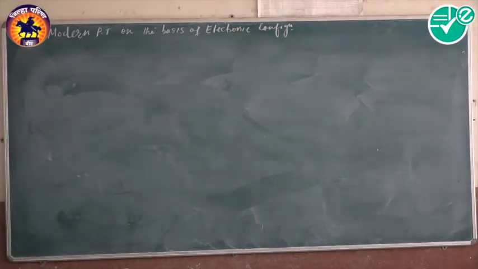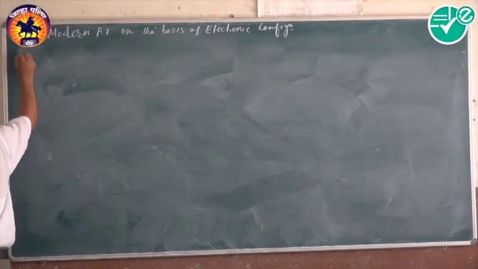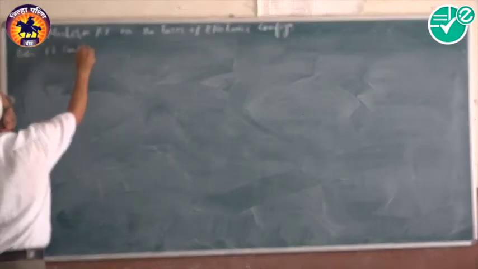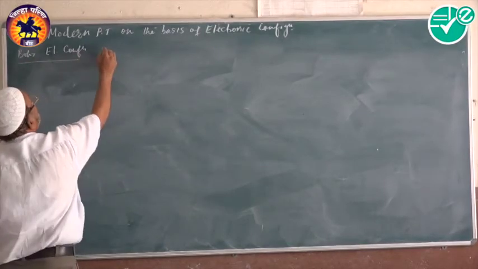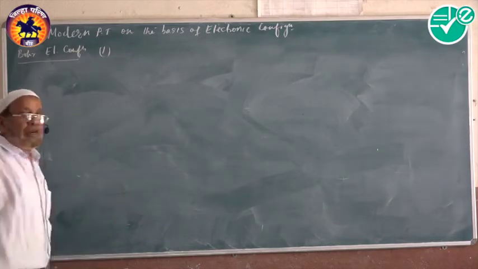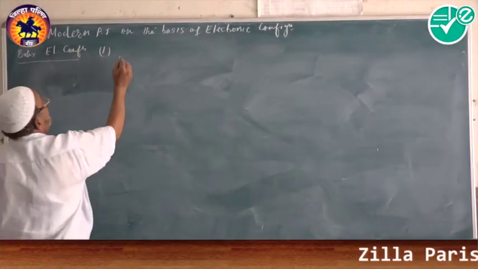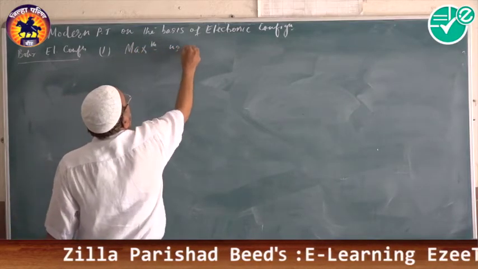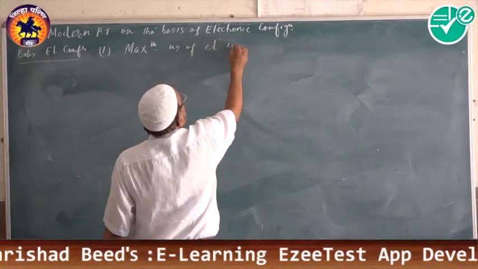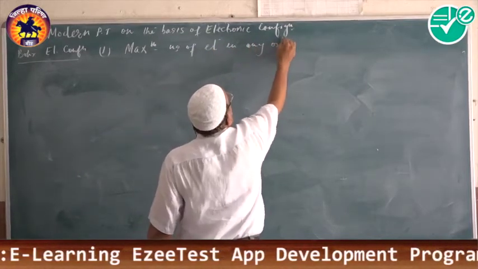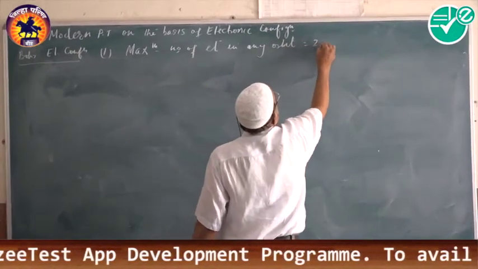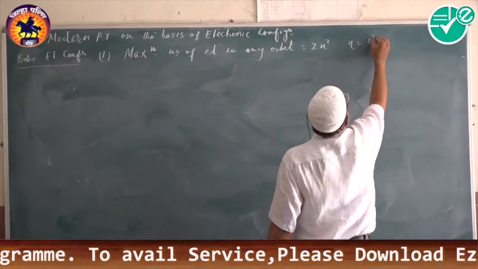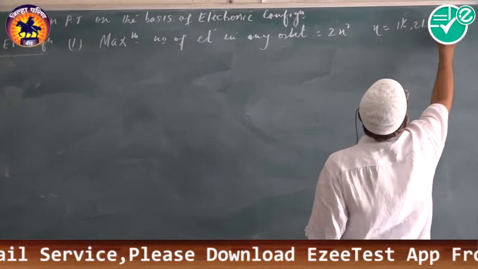First of all, we will see Bohr's model of electronic configuration. According to Bohr, the maximum number of electrons in any orbit is equal to 2n square, where n is the orbit number 1, 2 and so on.